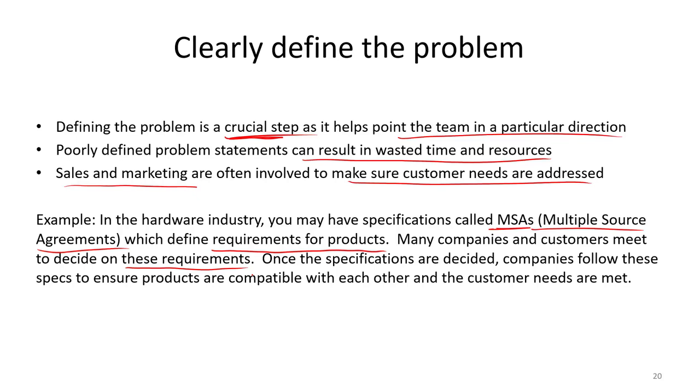Once everybody decides on the requirements the product must have, each company needs to follow these specifications. And this ensures that products are compatible with each other and that the customer's needs are met. If you think of things like USB, for example, or Wi-Fi and internet protocols, a lot of these tools actually used MSAs to help ensure that the problem was clearly defined.